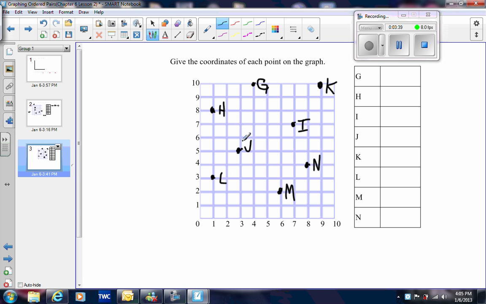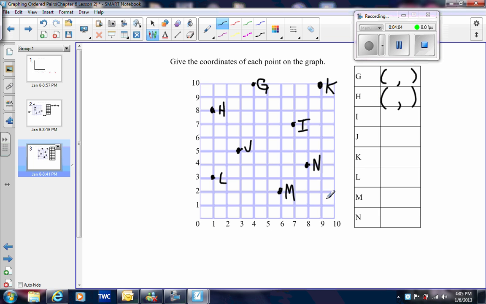All of my points are graphed here, and it says give the coordinates of each point on the graph. So for each of these, I'm going to have parentheses, and I'm going to have a comma. And when I have that set up, my first number is going to be how far I went over.